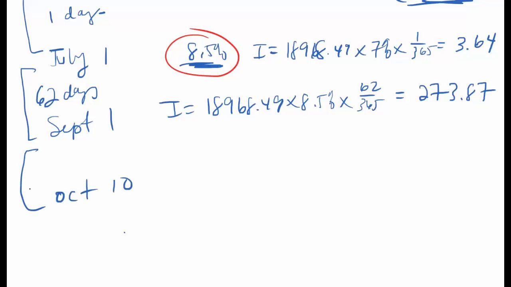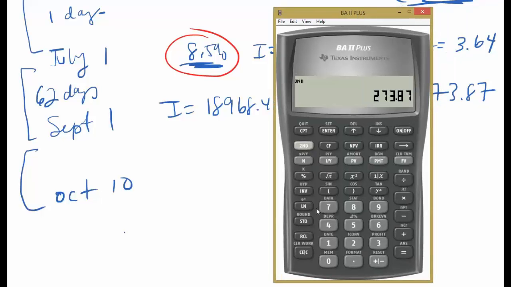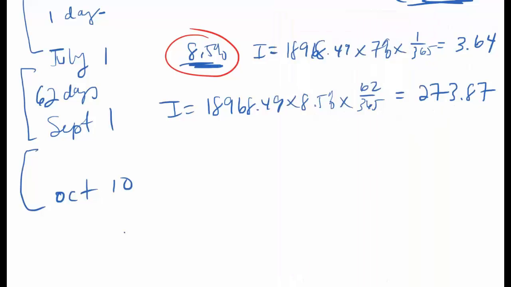September 1st to October 10th. Let's see, using my calculator. Second function, date, 9.0113. Enter, down arrow, 10.1013. Enter, down arrow, 39 days.